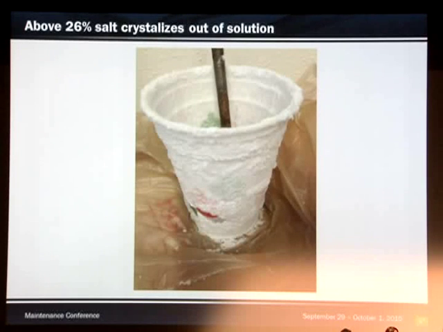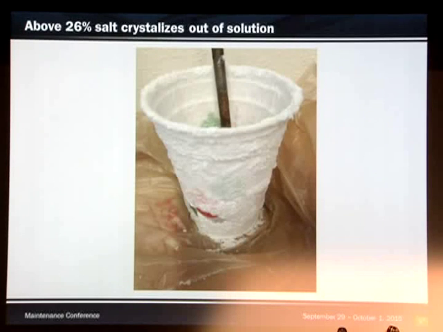Well, what I didn't know is I had a brass bolt, and so it never did corrode. But what I discovered was, as the water evaporated out of that brine, that 26% is the maximum it could be.